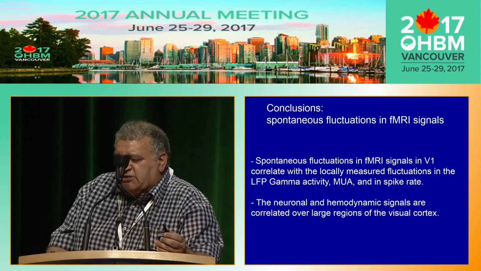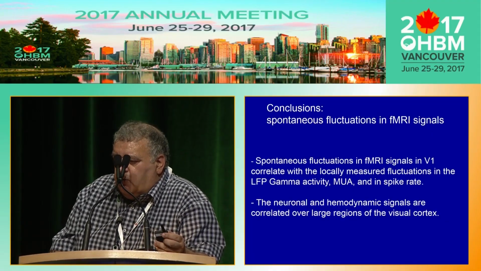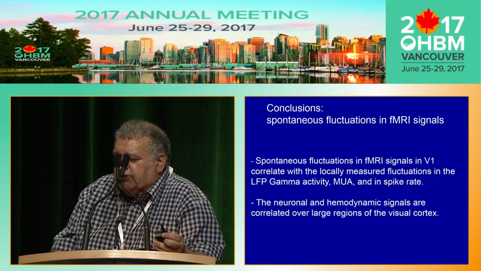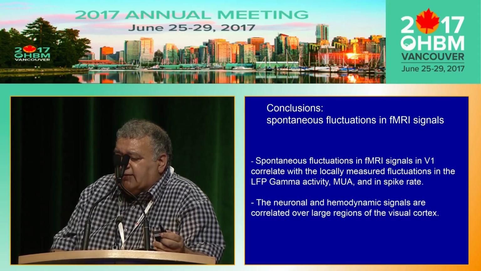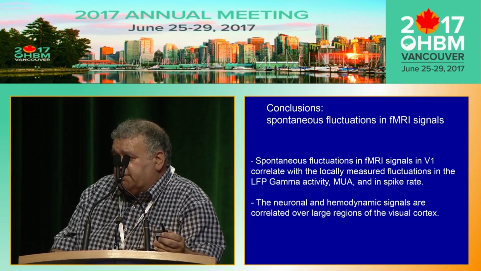So spontaneous fluctuations in fMRI signals in V1 correlate with the locally measured fluctuations in the local field potential gamma activity, multi-unit activity, and spike rate. The neuronal and hemodynamic signals are correlated over large regions of the visual cortex.